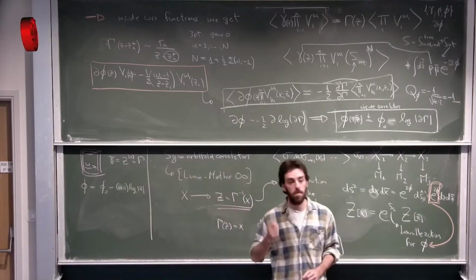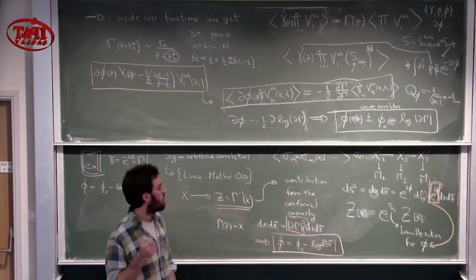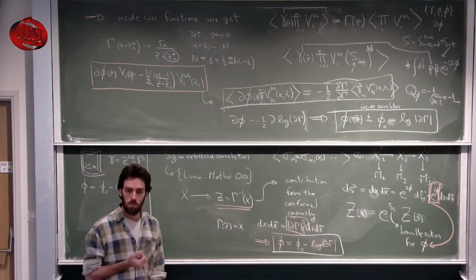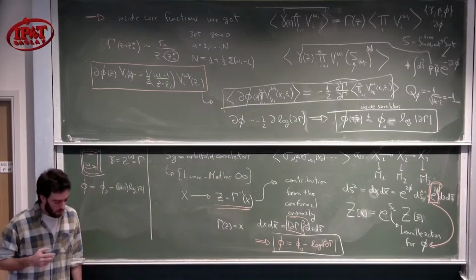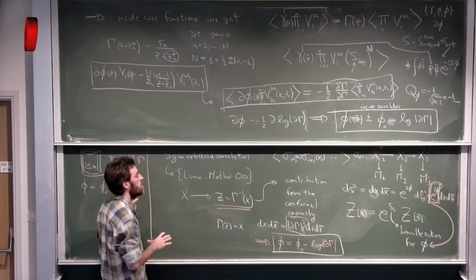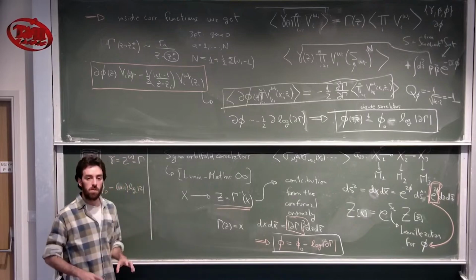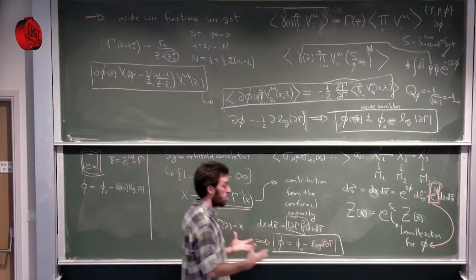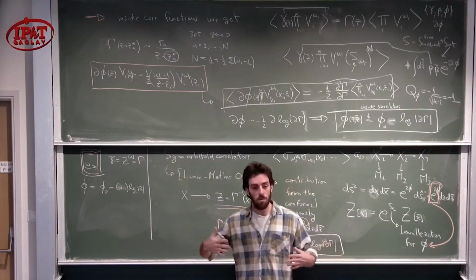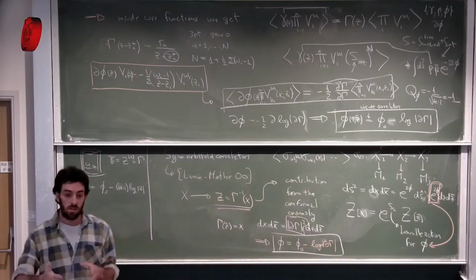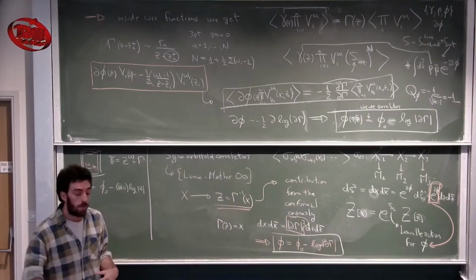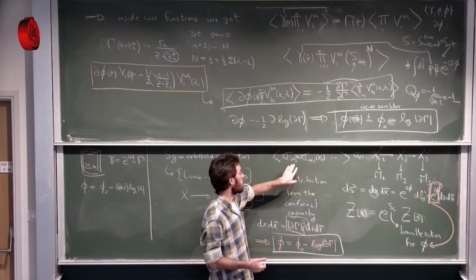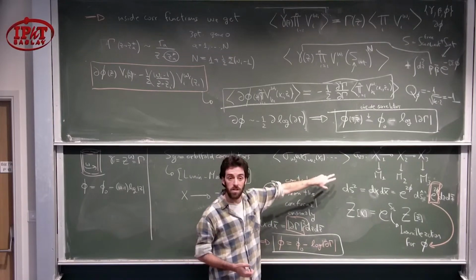For example, there's a very interesting recent paper, I think from last year, by Bob Knighton, and I can't remember if Gardil was in there, etc. Where they show that although, as I was arguing, for these types of operators, which are long strings sitting on top of the boundary, you don't probe the interior of AdS, what they try to argue is that you start really probing the interior AdS geometry if you look at correlators where you take the limit where the spectral flow charges are very large.